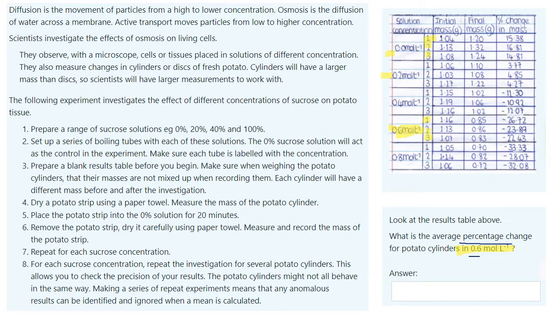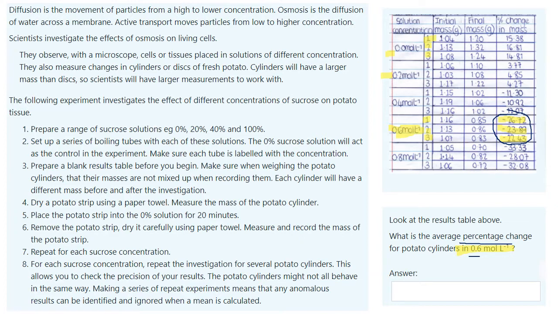And the person doing the experiment has calculated the average percentage change each time. But what we need to do is calculate the average for these 3. So if you take your calculator, you need to put in minus 26.72, minus 23.89, and minus 22.43, and divide by 3.